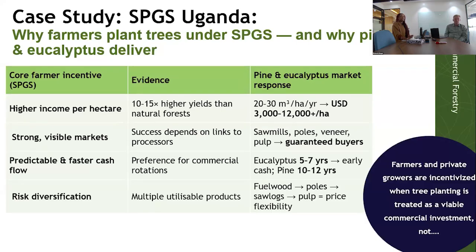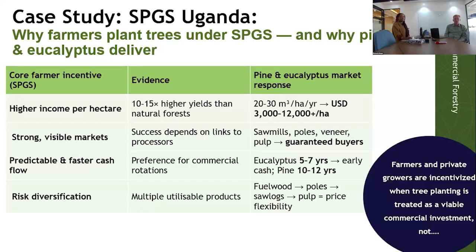Compared to native species, pine and eucalyptus species have 10 to 15 times higher yields. And what does that mean to the farmer? Basically more income with the assumption. So just again, there could be about 3,000 to 12,000 hectares.